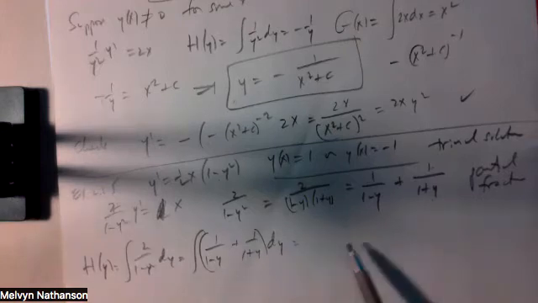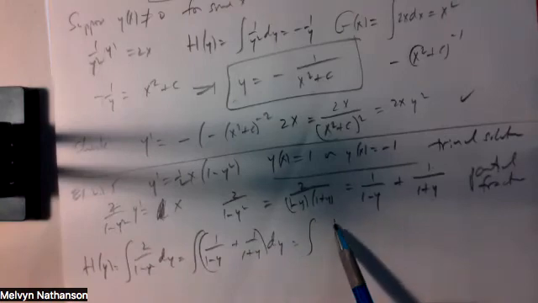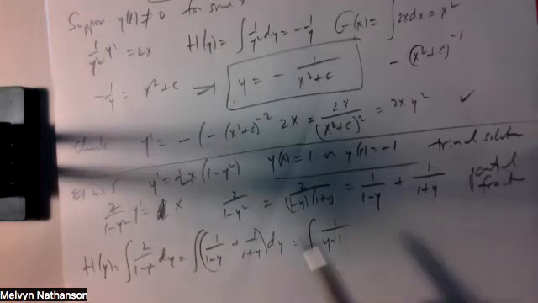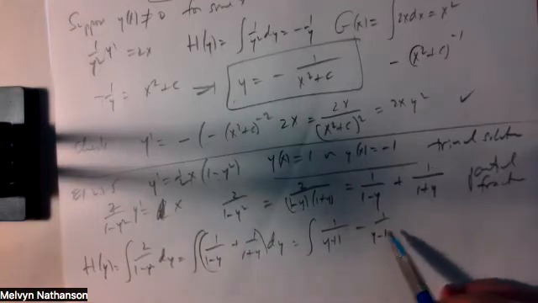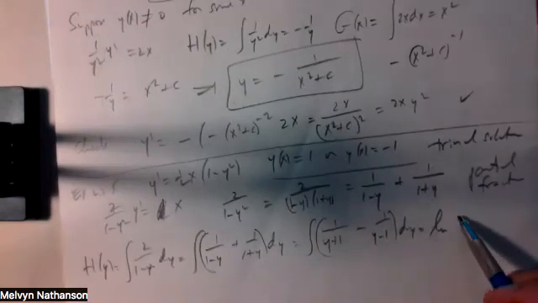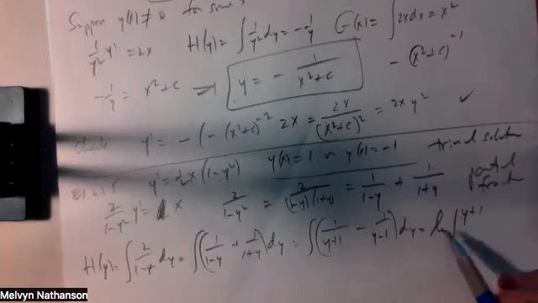Yeah, let me just write this slightly differently. This is the integral of 1 over 1 plus y, which is the same as y plus 1 times 1 minus y, which is minus 1 over y minus 1. So this is the log of the absolute value of y plus 1 over y minus 1.